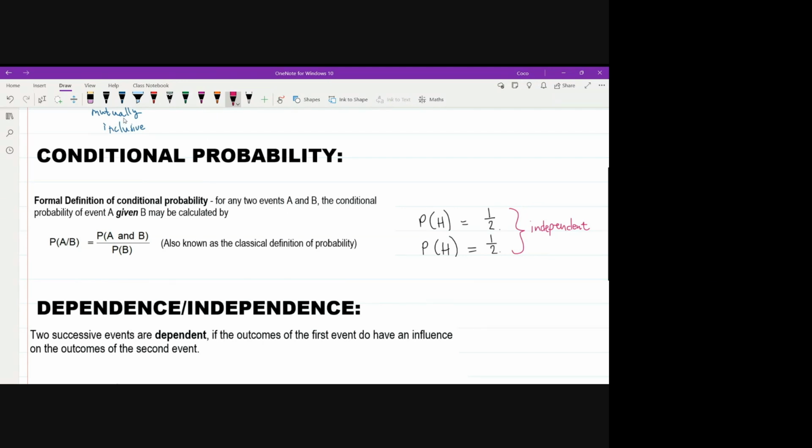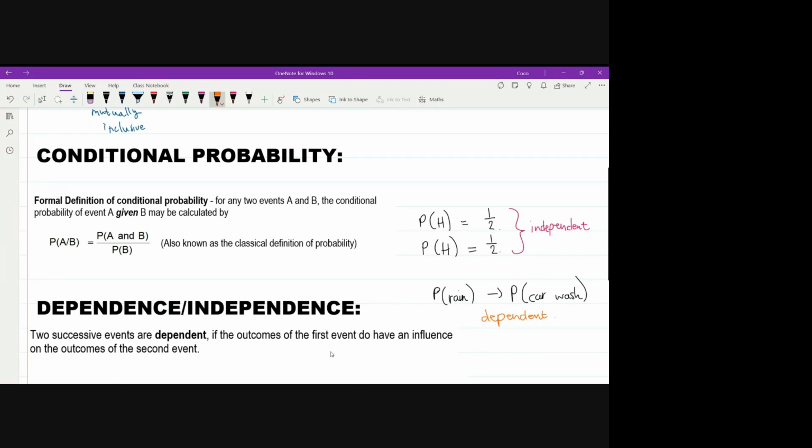But if we think of the wash your car analogy that I just gave, the probability of rain is going to affect the probability of your car being washed, right? So these two, because they affect each other, are called dependent events.